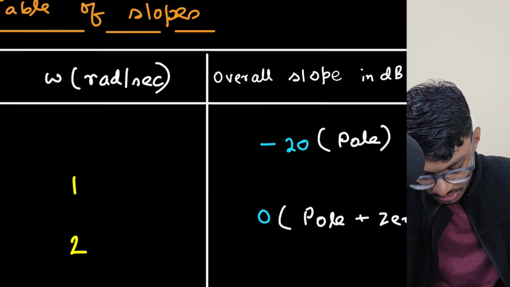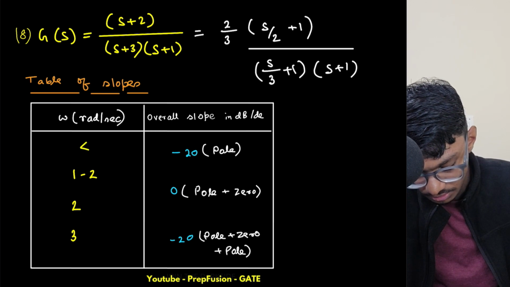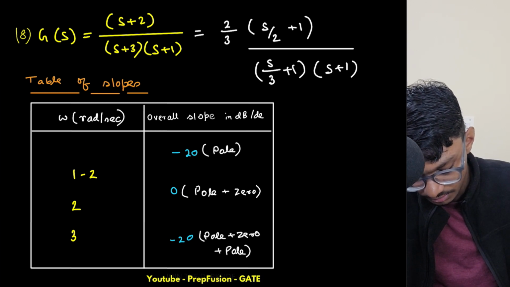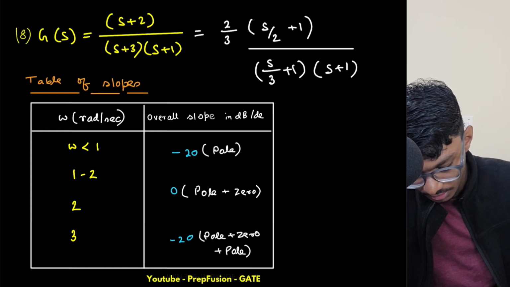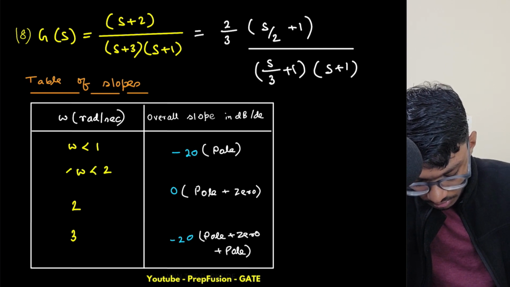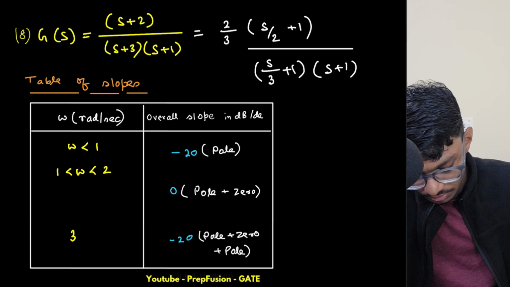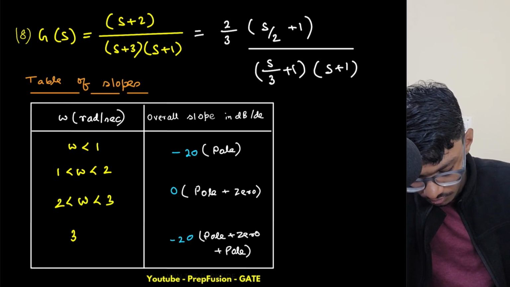So this is the range between 1 and 2. This is the range where omega is less than 1. Here omega is between 2 and 1. Here omega is between 3 and 2.